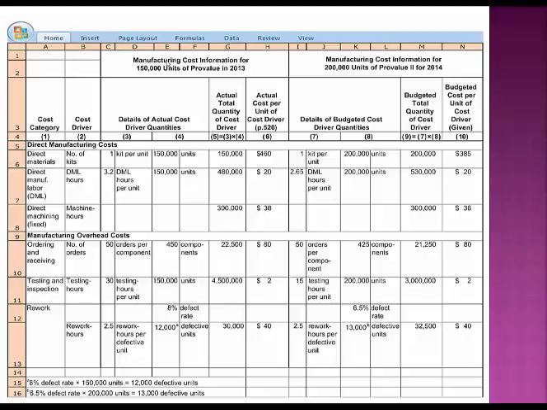We're not going to be able to reduce our direct manufacturing labor hour rate. We're not going to be able to reduce our $80 cost per order or our $2 cost per testing hour or the $40 cost per rework hour, but we are going to make some changes in other areas. All right, so we're going to be able to reduce our direct materials and component cost.